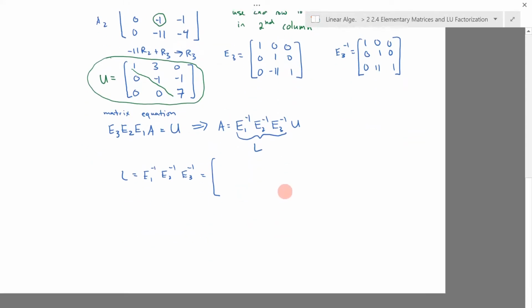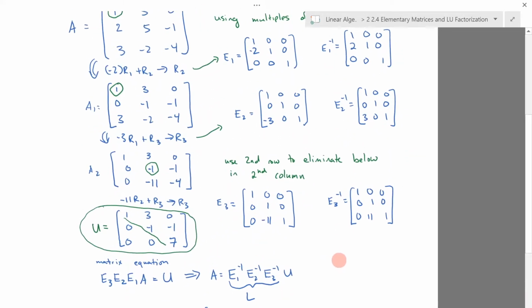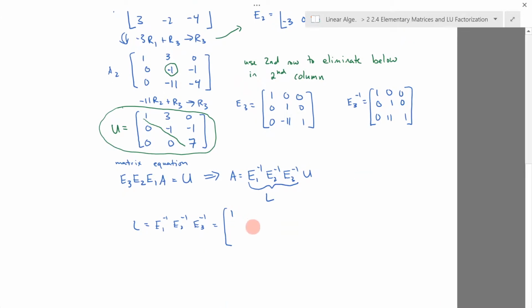So multiplying together, what was E1 inverse? It has a 2 there. And then E2 inverse has a 3 here. And then E3 inverse has an 11 here.